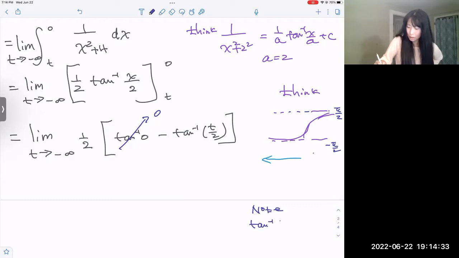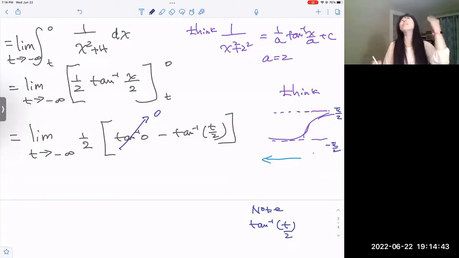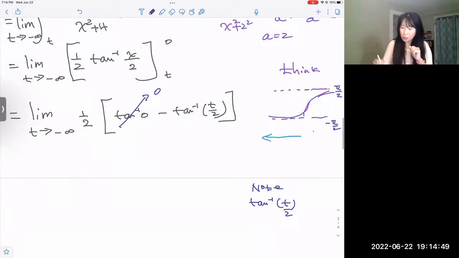Now we have arctangent of t over 2. Think about that: the 2 inside the function just tells us to stretch horizontally, right?